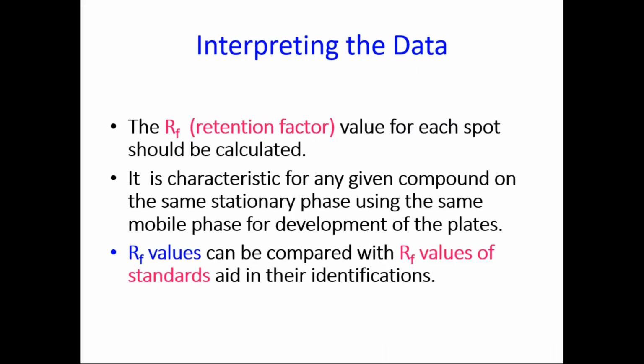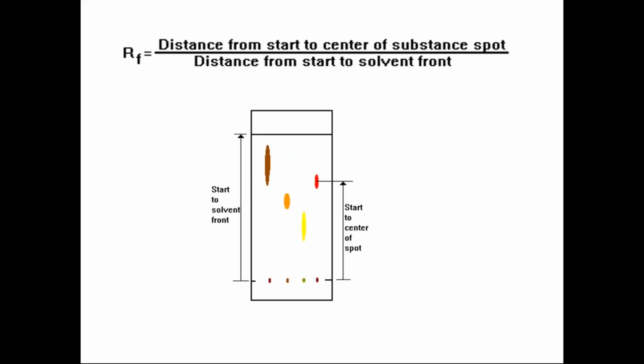And then you interpret the data. How do you interpret the data? Just like paper chromatography, it is interpreted by calculating the Rf, or the retention factor, and it is characteristic for a given compound on a stationary phase. The Rf values can be compared with the Rf values of the standard.